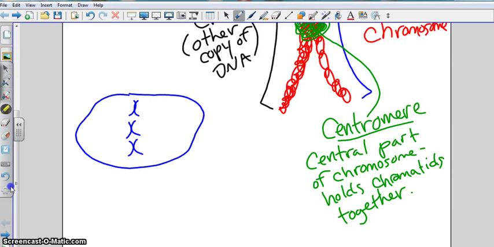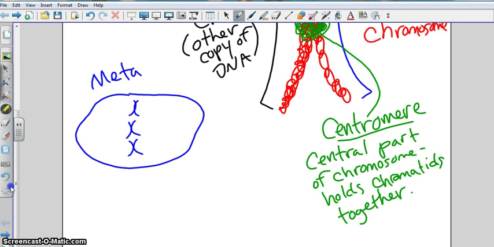If we're all lined up in the middle, what phase is that? All right, so that's metaphase. Now notice, whenever I draw my chromosomes, I don't draw them like this. And there's a reason for that. I always draw them like this because I'm drawing them as two sister chromatids, because eventually those are going to be torn apart.